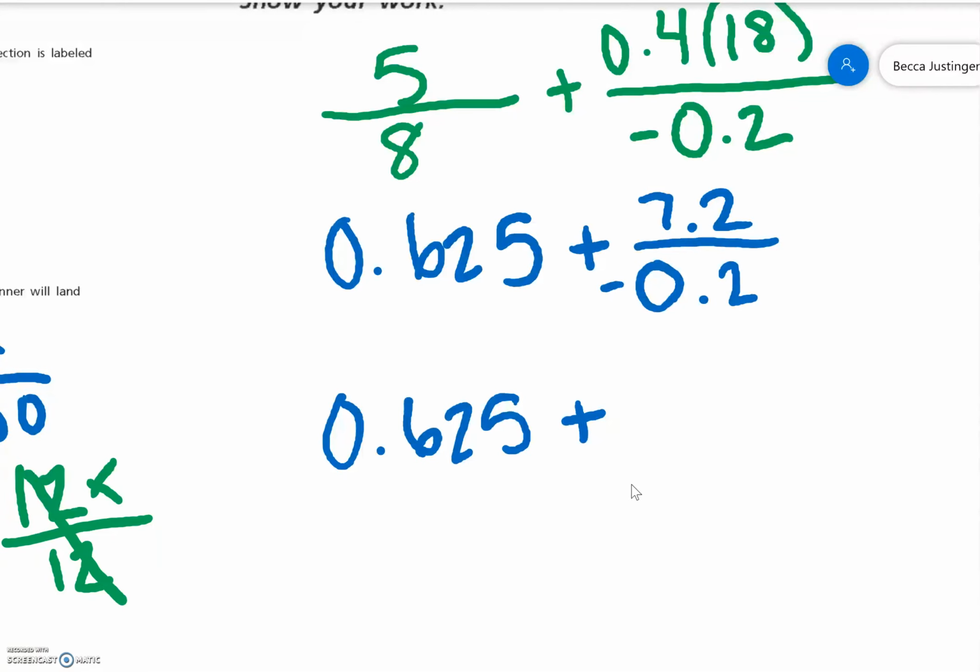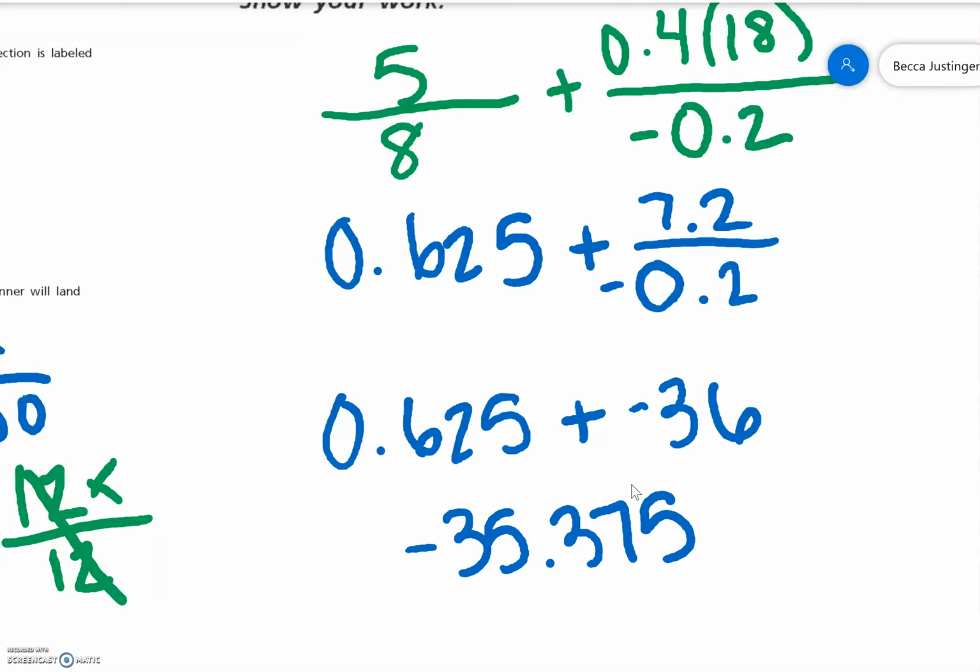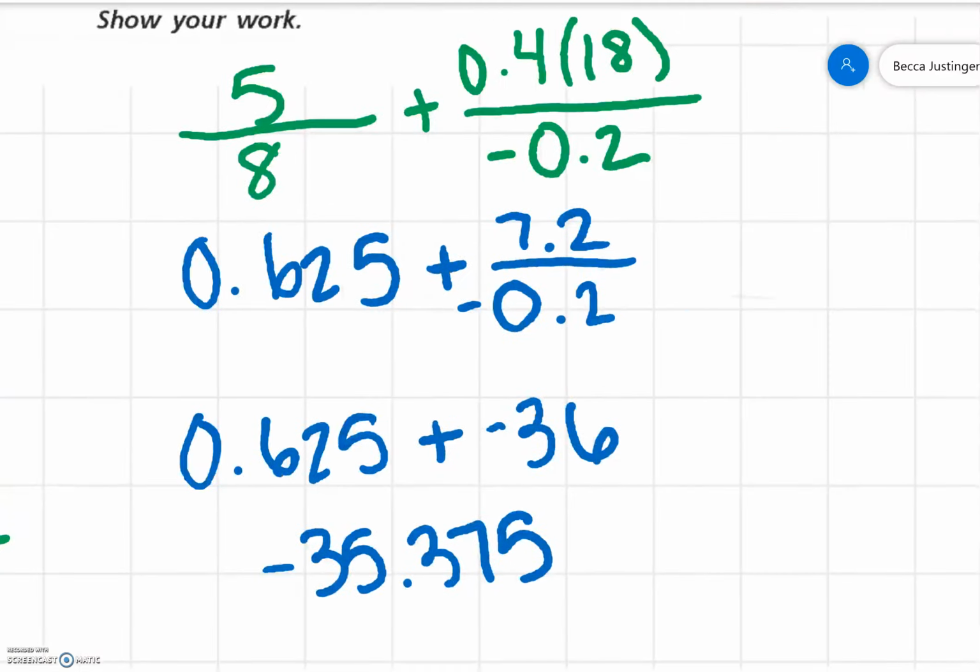Divide 7.2 by negative 0.2, and that gives us negative 36. So 0.625 plus negative 36 is negative 35.375. That question's easy as long as you follow the steps of PEMDAS and use your calculator appropriately.